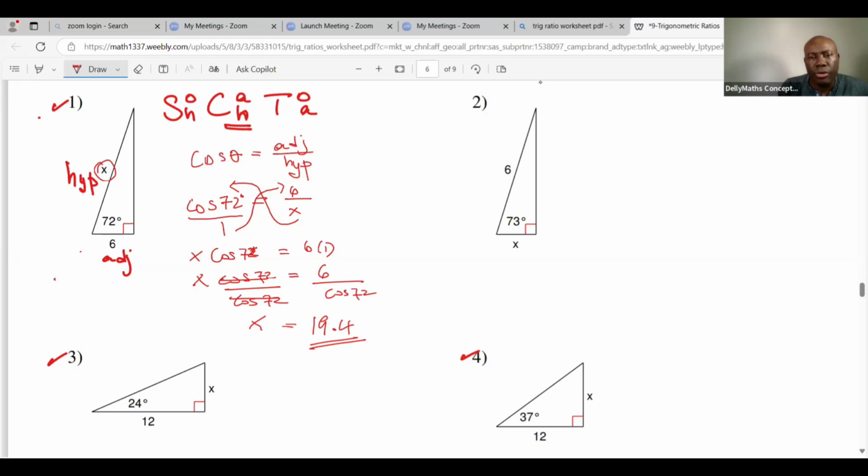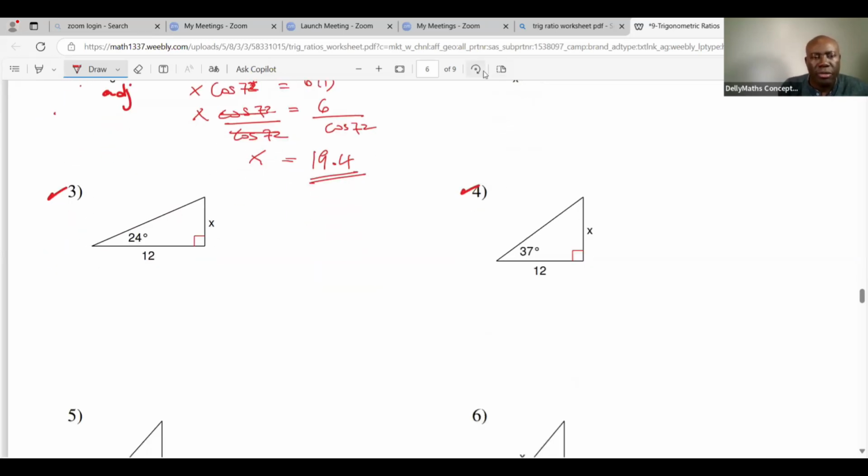Let's take a look at number 3. We're looking at this triangle here. For this angle, they asked us to find the side opposite to it. But we were given the side next door to the angle, and it's not the hypotenuse, right?